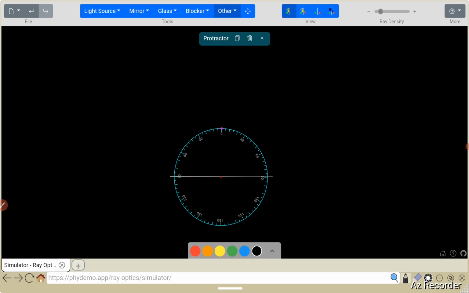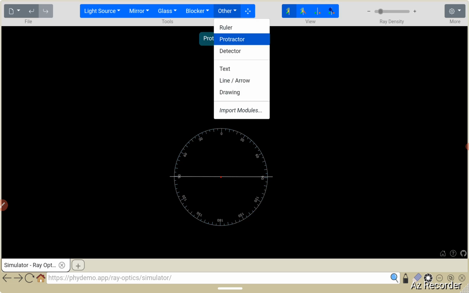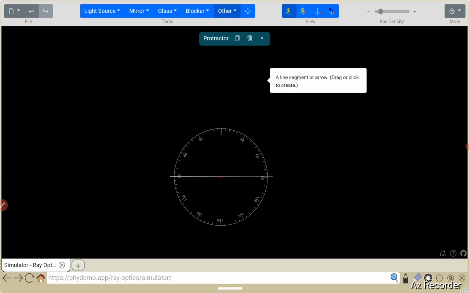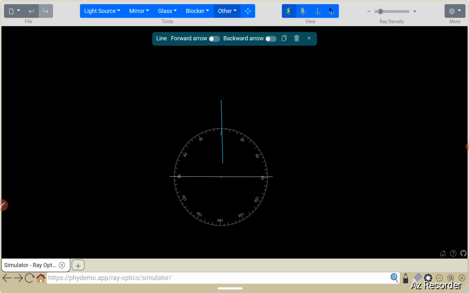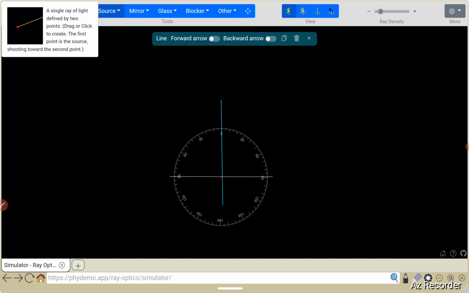Correct? Now see here there is a small difference. So that small difference may cause you some trouble. Let us see. First, let us draw the normal. Okay. Let me draw the normal first by taking a line segment. I am drawing the normal. Okay. Then now what I will do is I will take the single ray.